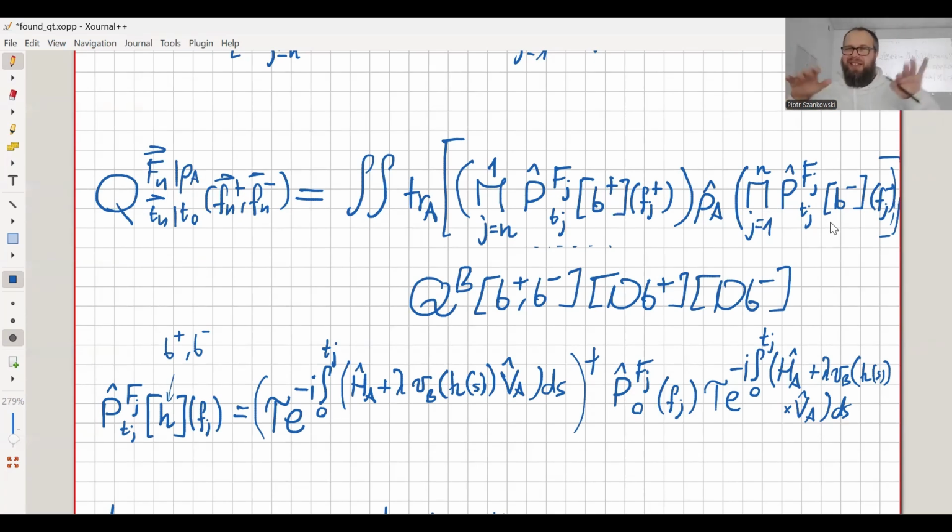So you have time-dependent Hamiltonians, but one Hamiltonian for time going forwards, and one for time going backwards. At least this is how it is structured in this formula.